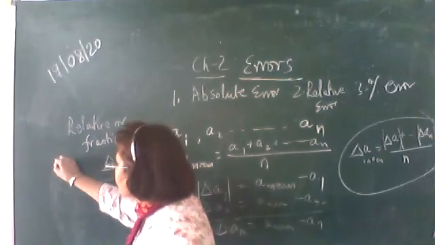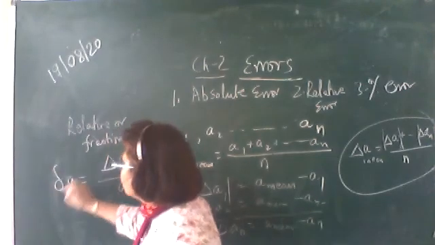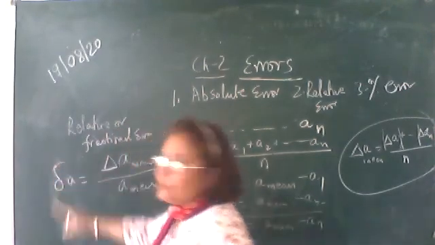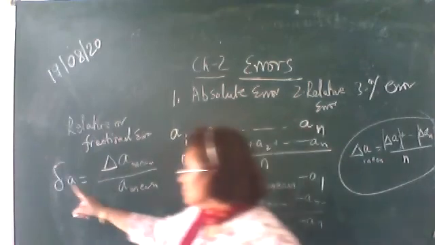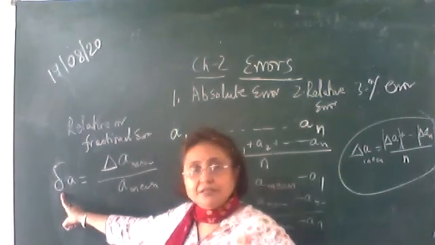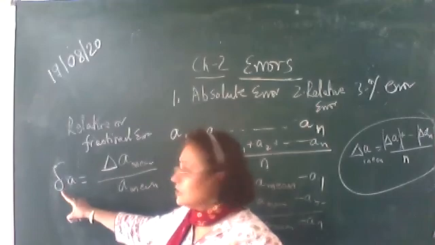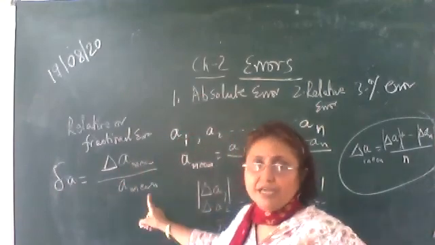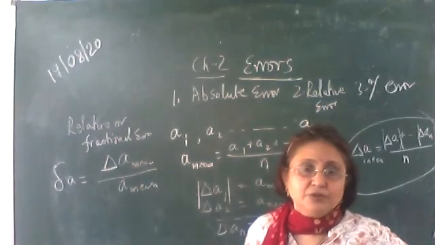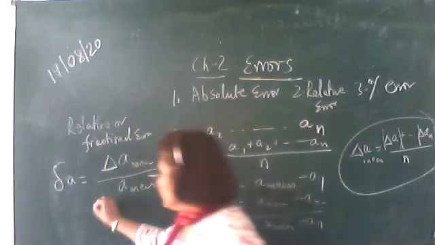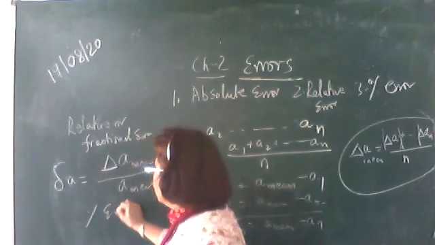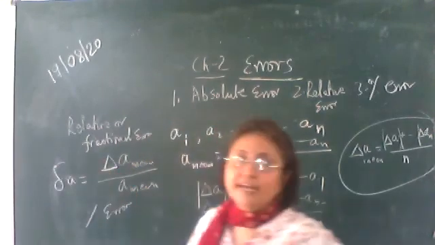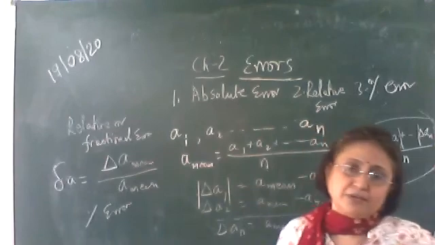Okay, this is also represented by a symbol which is called delta. Here also this is called delta A. So for relative error, we represent it by this symbol. This is also called delta A, which is equal to delta A mean upon the A mean value. Now percentage error. Percentage error is this relative error expressed in percentage.